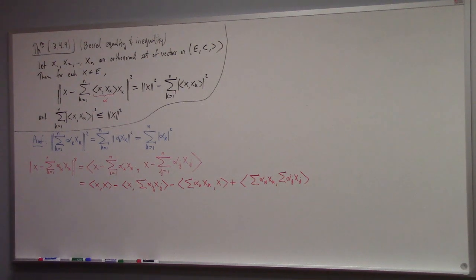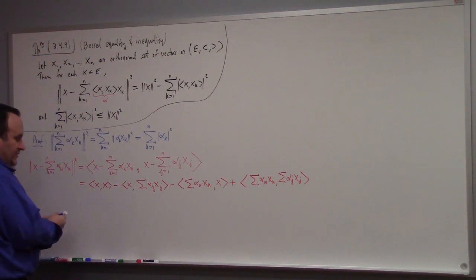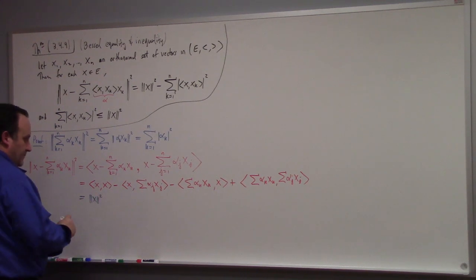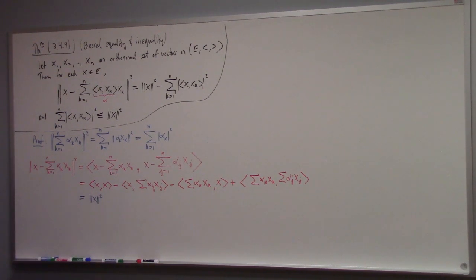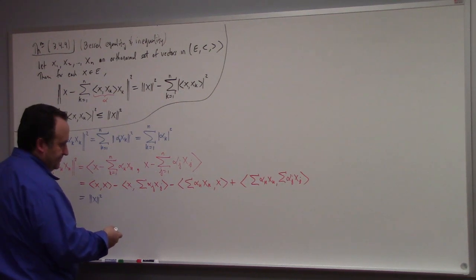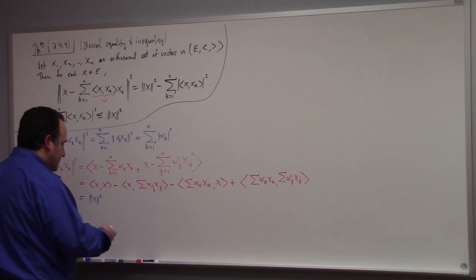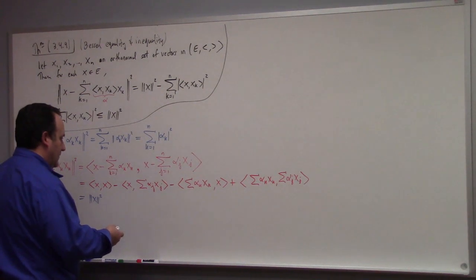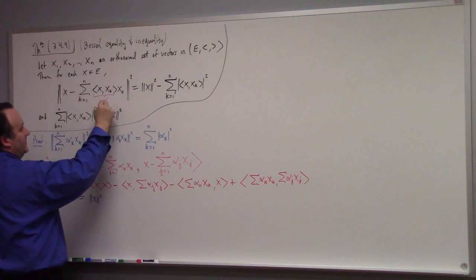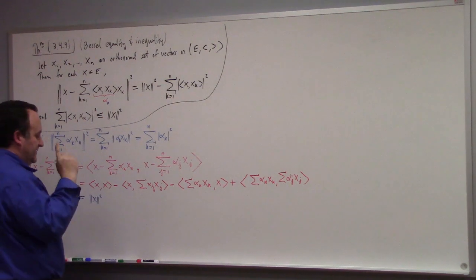So the first term is exactly the norm of x squared. And the second two terms, we can pull the sum out. I defined this to be alpha k up here. Let's think through this.